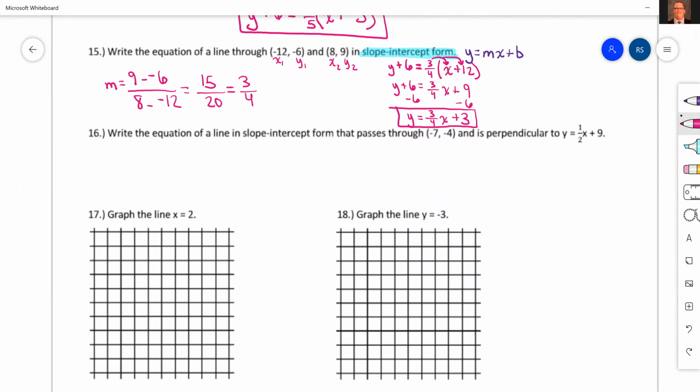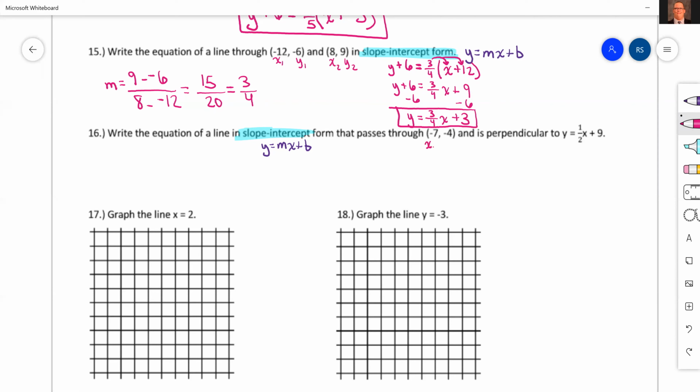Okay, 16's a little tricky. They want the equation of a line in slope intercept form. That sounds fair enough. So we need it to be in y equals mx plus b form. We need it to pass through -7, -4.